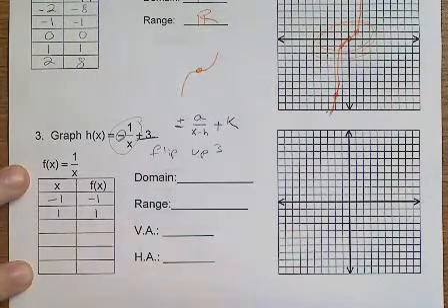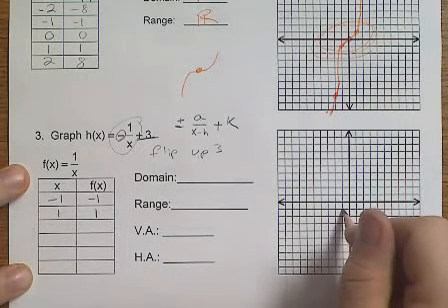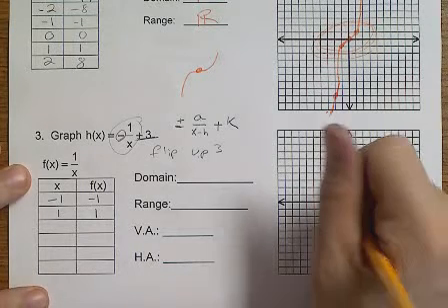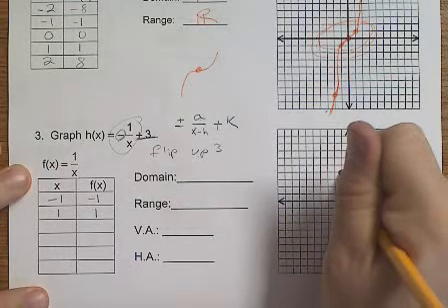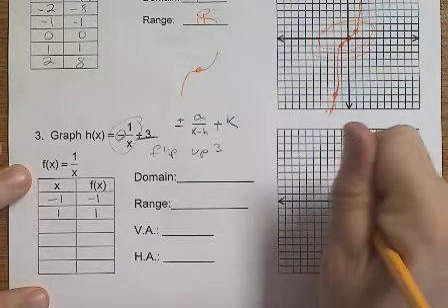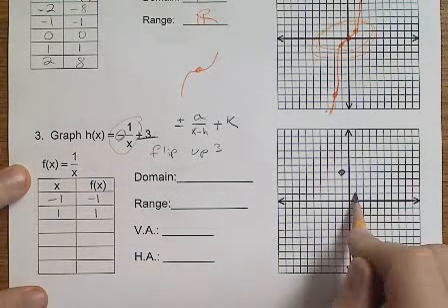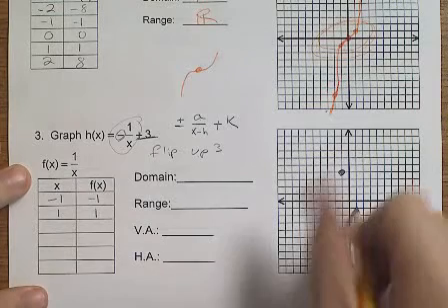So let's do our 2 points. From negative 1, I flip, and then I move up 3. From positive 1, we flip, and then we move up 3.